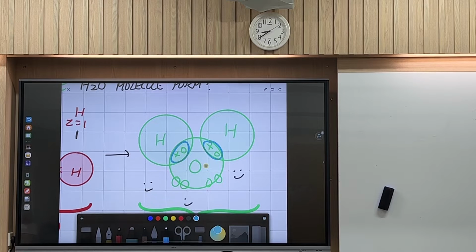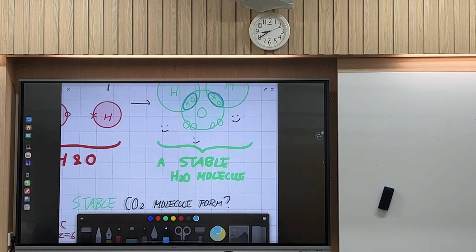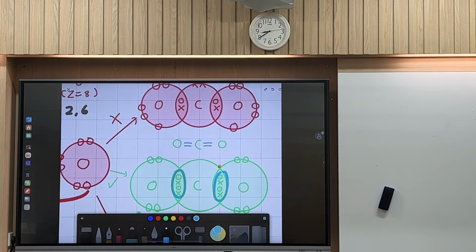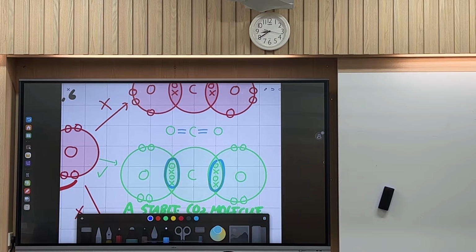So can you help me convert this diagram into the structural formula? We call this the structural formula. Let's do this now. I'm going to write down the name of this. This is the structural formula, which shows the structure, and this is the electron dot cross diagram. So pay attention to the wording.